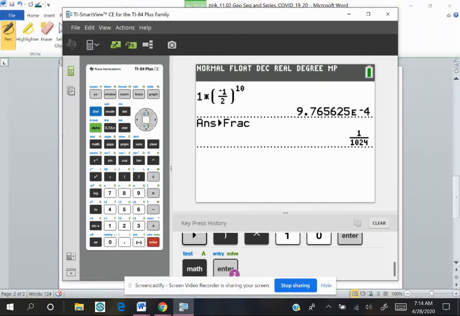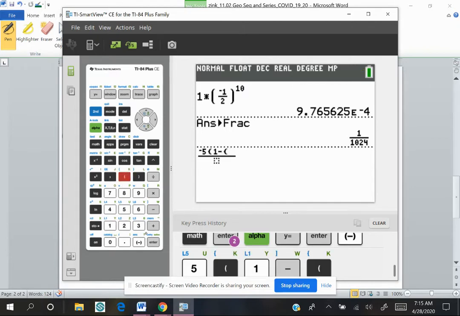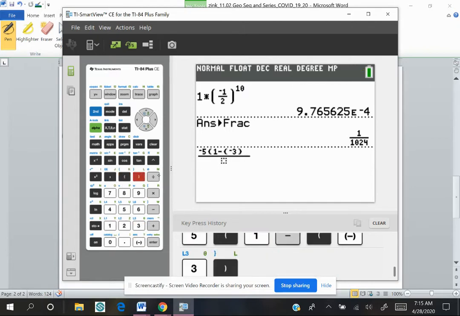So let's see how that comes out if we type it in. We've got negative 5, parentheses, 1 minus, and I need to have those parentheses, because if I don't, it won't come out right. Negative 3 to the 8th.